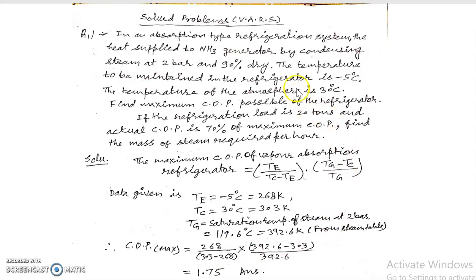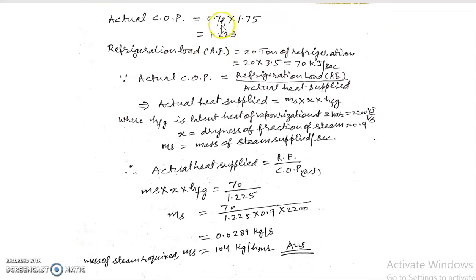In the question it is given that the actual COP is 70%, and we have to calculate the mass of steam supplied in the heat generator per hour if the refrigeration load is 20 tons. For that, we again calculate the actual COP, that is 70% of the maximum COP, which comes out as 1.225.